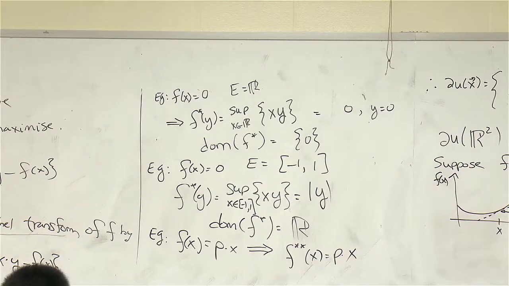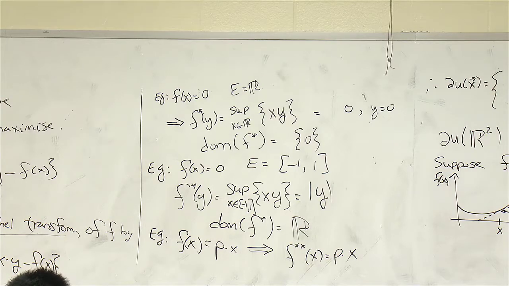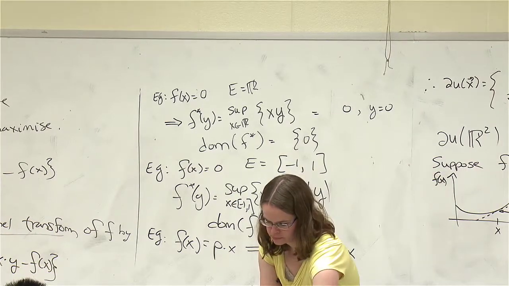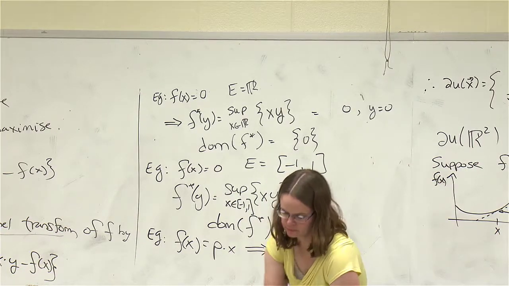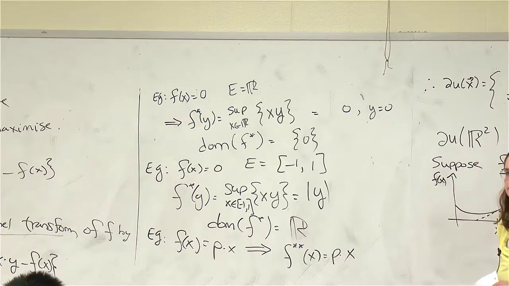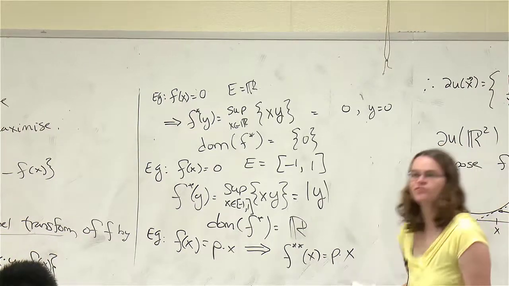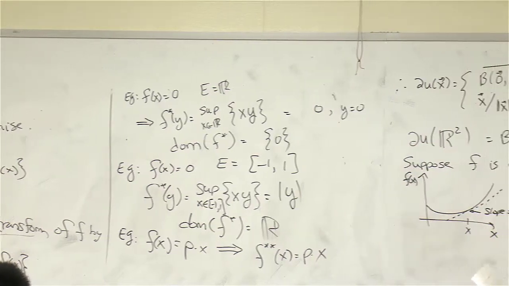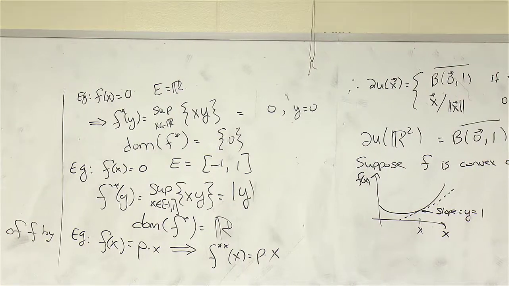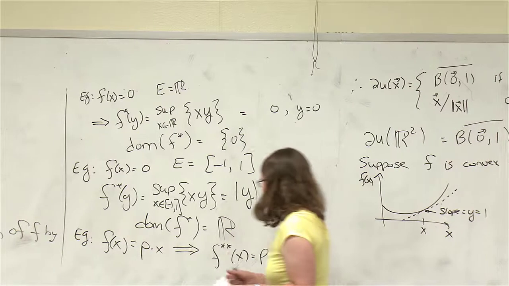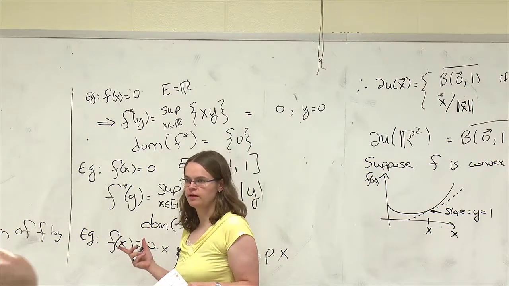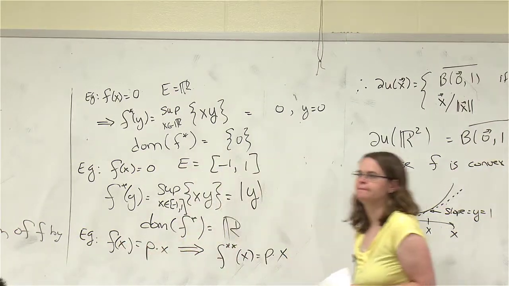I'm not going to work that out for you. You can work that out for yourself if you want. What's that? It is true for any convex function, yes. This is sometimes called the convex conjugate also, when you take the Legendre transform.